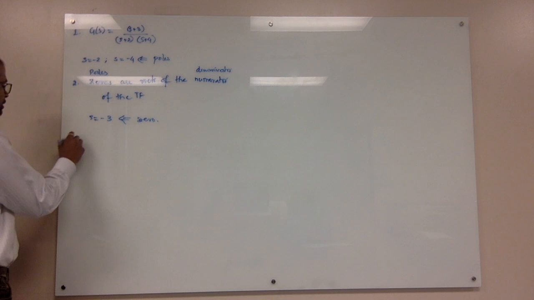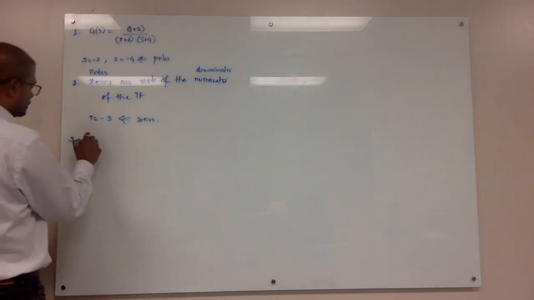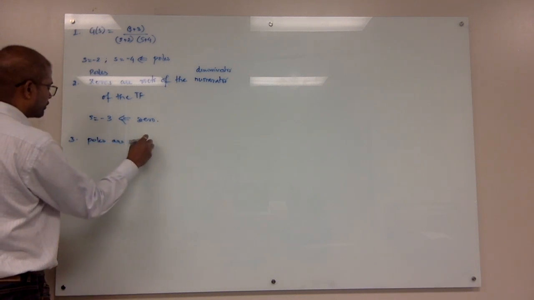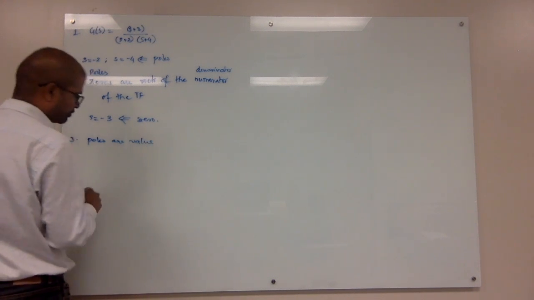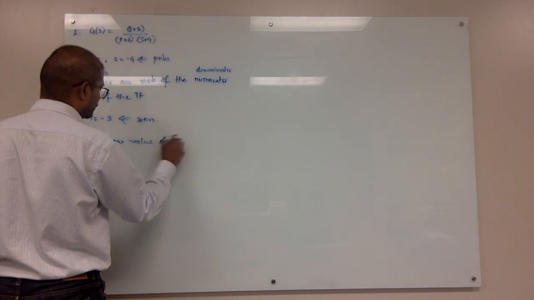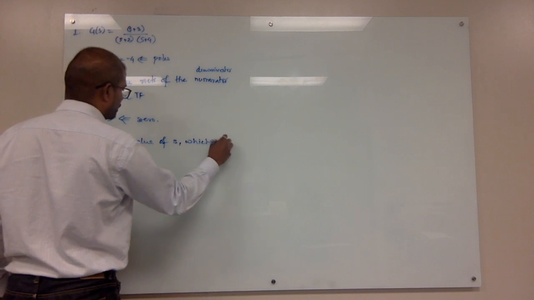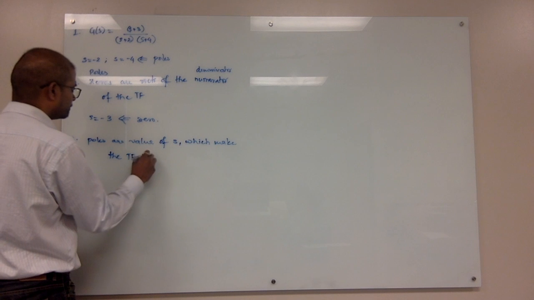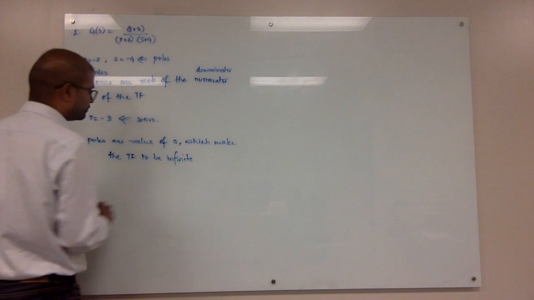Okay. Characteristics. Poles are, this is what I was looking for, values of S which make the transfer function infinite, right?